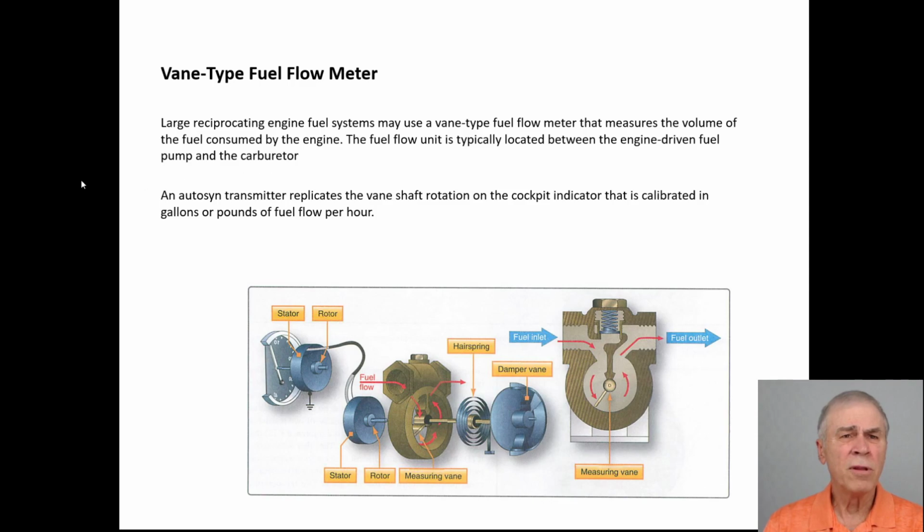I did mention in the previous slide, it's not shown here, but the electrical connections is the Autosyn, where it basically has the circular type of schematic, wire schematic, which is connected to a similar circular schematic on the indicator.